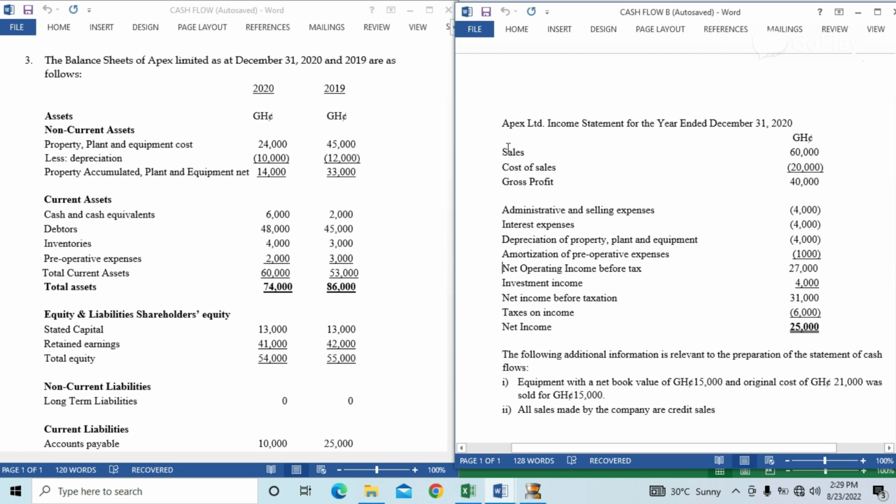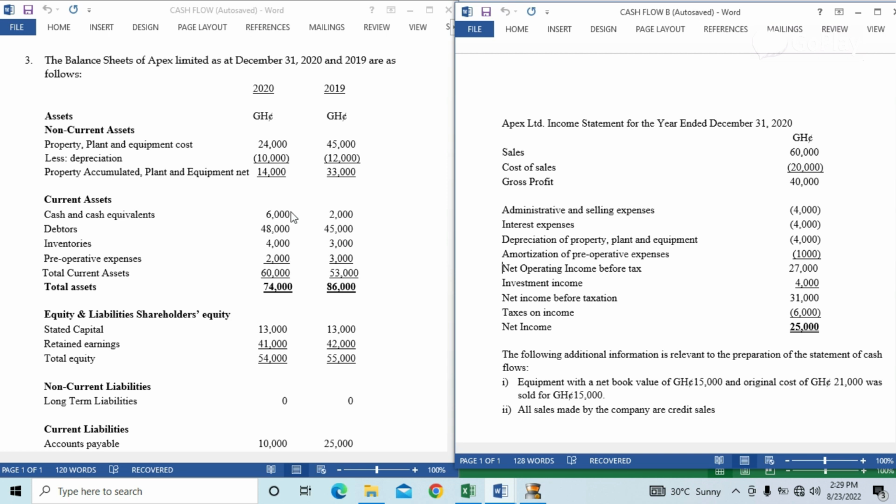Coming to the income statement, during the year 2020 the organization made a net profit of 25,000, but when you move to the balance sheet, at the start of the year, which is the end of 2019, they had 2,000, but at the end of 2020 they have 6,000. Meanwhile, they are saying that during 2020 they made a profit of 25,000.